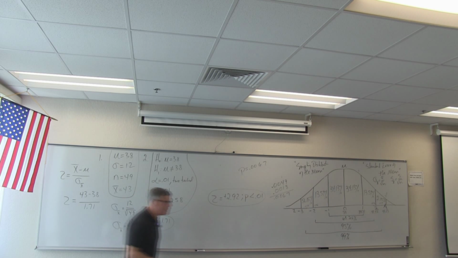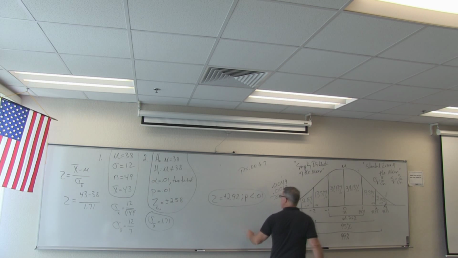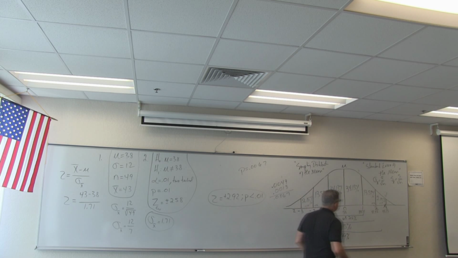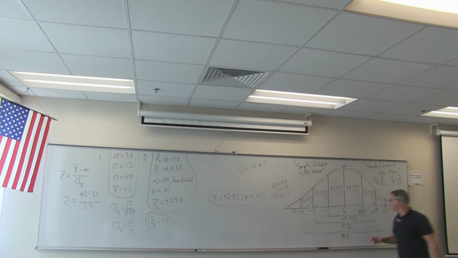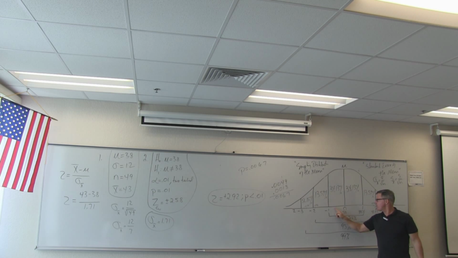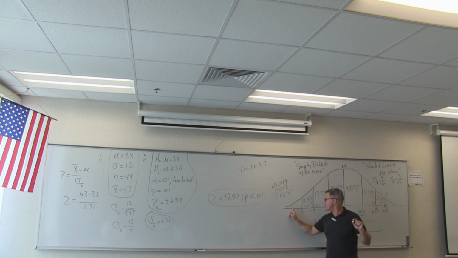Again, let's drill a little bit. Z was 2.92. Class, if Z would have been 1.36, what would my decision have been? Accept the null. If Z would have been negative 0.75? Accept the null. If Z would have been negative 1.53? Accept the null. If Z would have been negative 3.68? Reject the null.